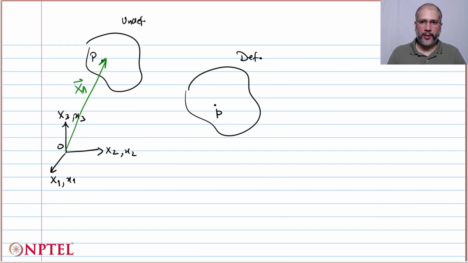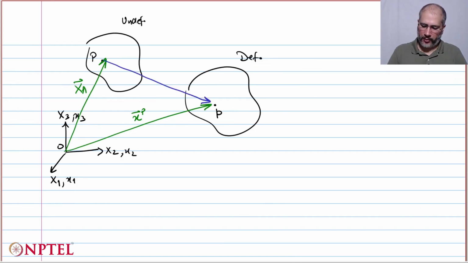So capital X_P is the position coordinate of capital P, that is in the undeformed configuration. And the same particle small p has a position coordinate which is small x_p in the deformed configuration. And the displacement of the material particle P is denoted using the u vector with a superscript P to denote the displacement of the particle P.